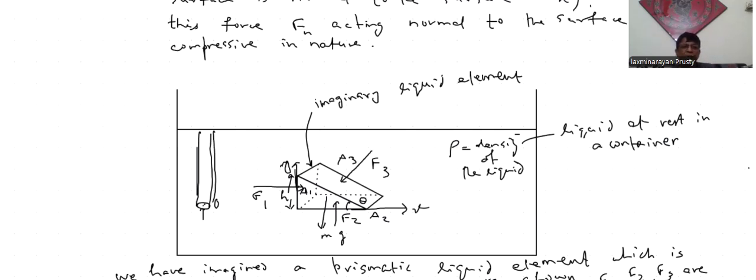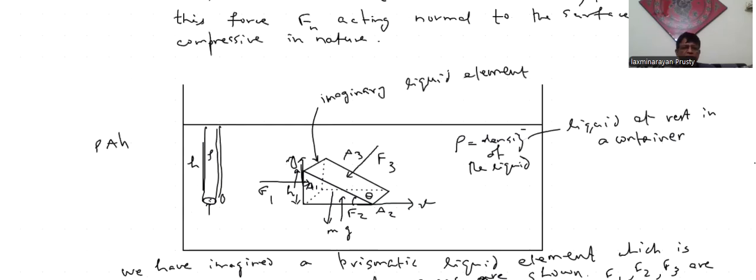The ratio will give you the pressure. If this is h, this is rho: rho A h g plus this FA, the atmospheric air force, let's call it FA, divided by A, limit A tends to 0, is the pressure at that point.